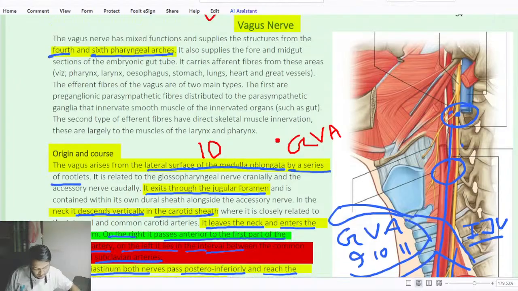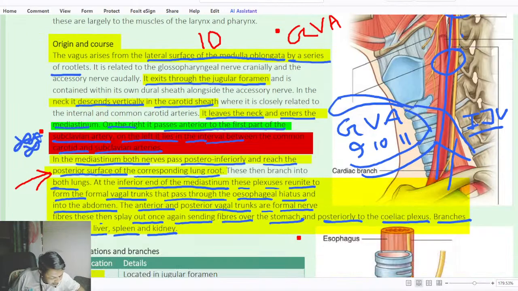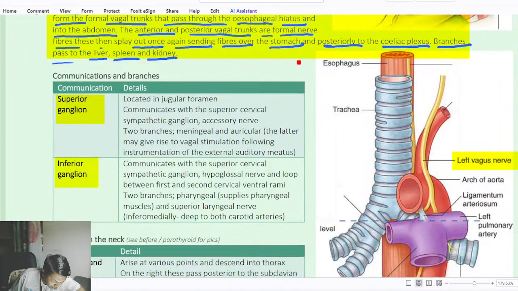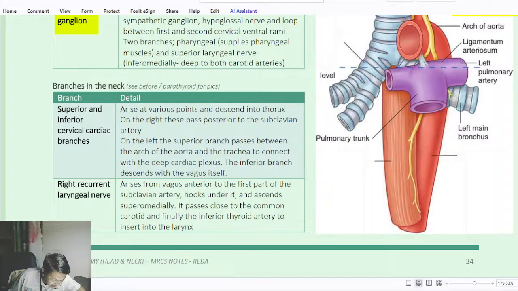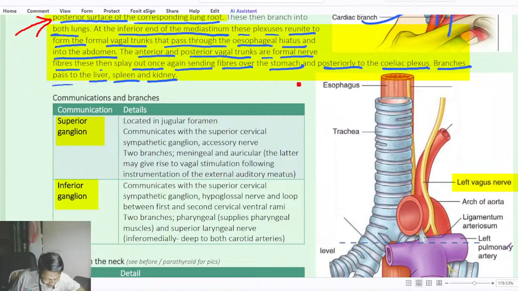It is coming from the medulla oblongata. In the neck, it remains in the carotid sheath, then enters the mediastinum, remaining posterior to both lung roots. Then with the esophagus, it comes to the abdomen. Then in the abdomen, it goes to stomach, spleen, kidney, liver, and celiac plexus.